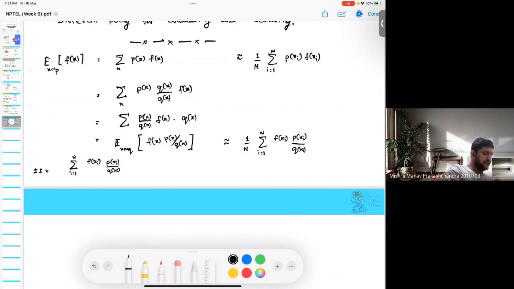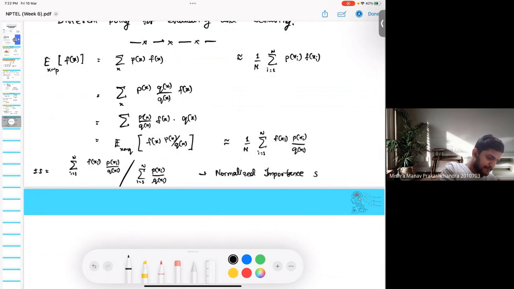This is the numerator, and instead of 1 by n, you divide it by sigma i to n p(xi) by q(xi). So this is known as normalized importance sampling.